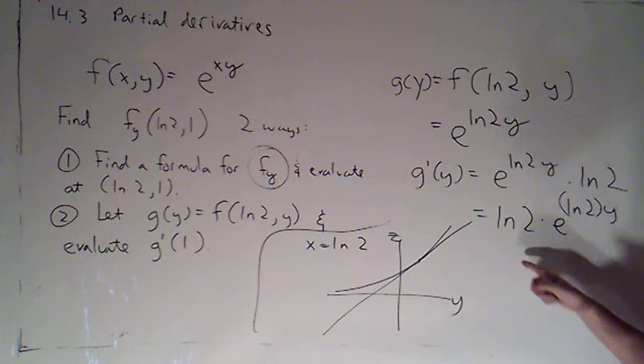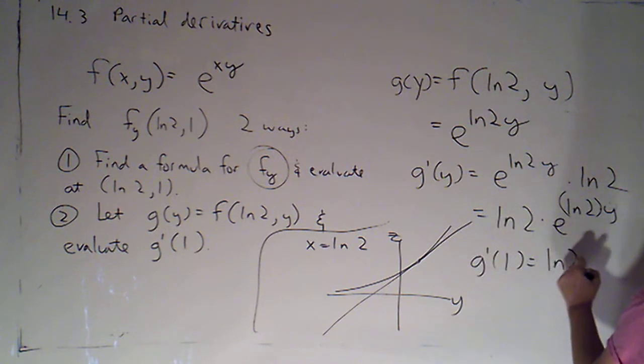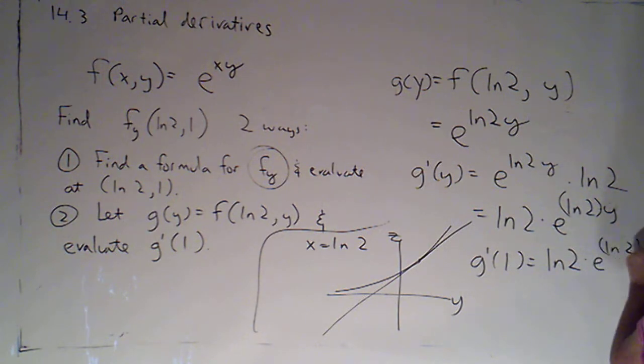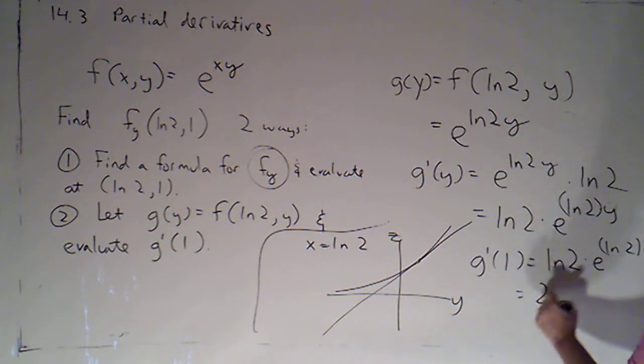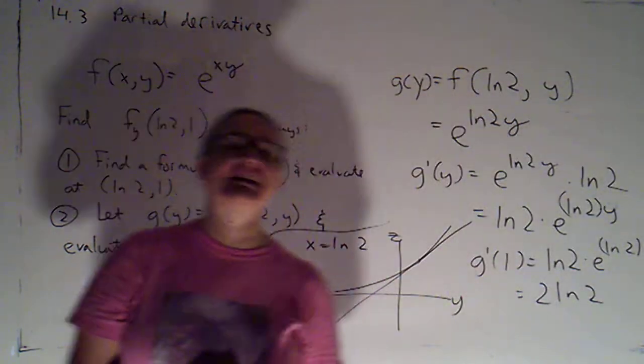Then if I wanted to evaluate that at 1, g prime of 1 is the natural log of 2 times e to the natural log of 2 times 1. E to the natural log of 2 is 2, so I get 2 natural log of 2. So either way, I get the same answer.